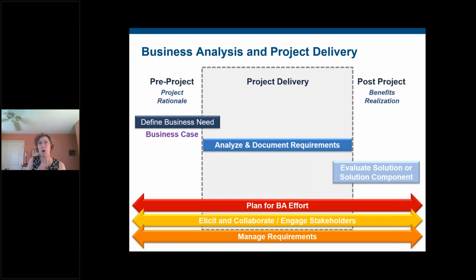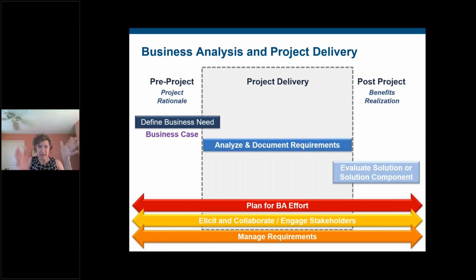They're the ones that are thinking about, what are we going to measure? When are we going to measure it? What are we looking for in terms of evidence as to whether or not we met our goal on that initiative? So they're looking at evaluating the solution or solution component after the project.